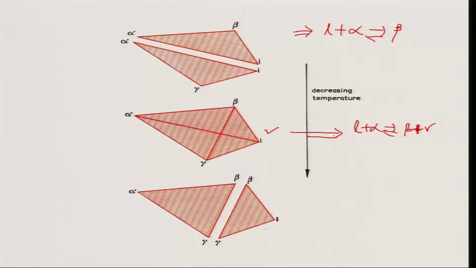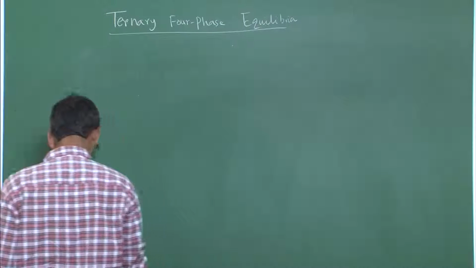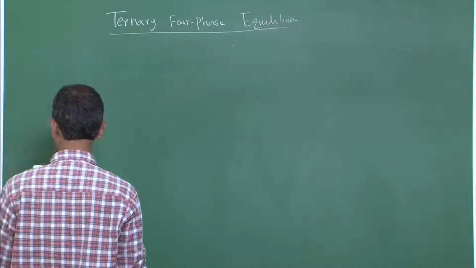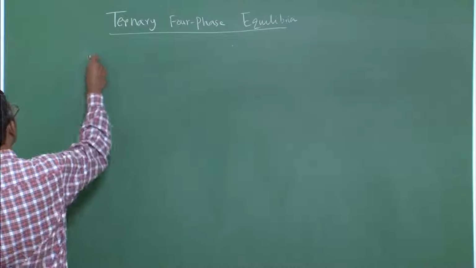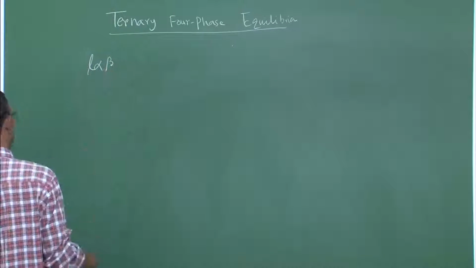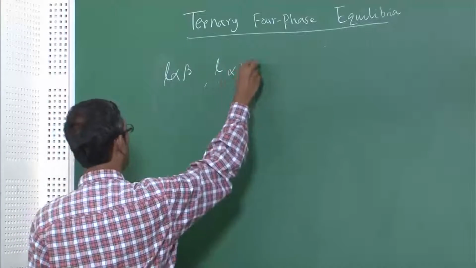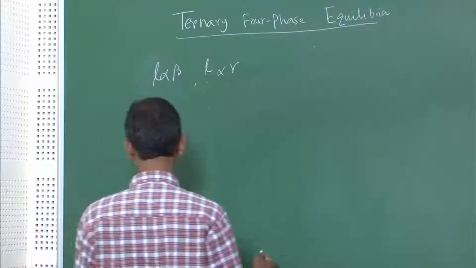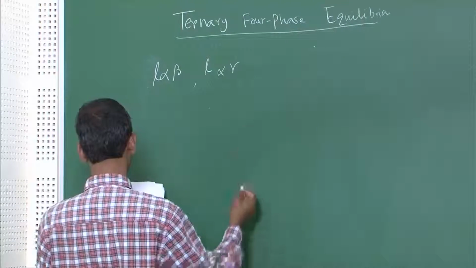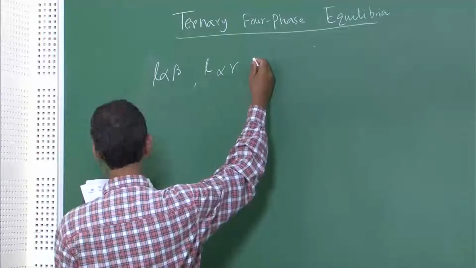Now, let us look at how we can draw that. Well, that is not very difficult to do. Let me try and draw it and show you. The first type we are considering is, let us say, liquid alpha beta and liquid alpha gamma are peritectic type.